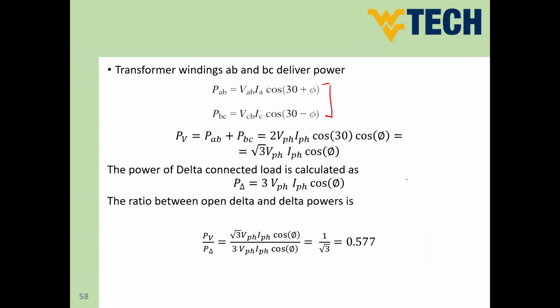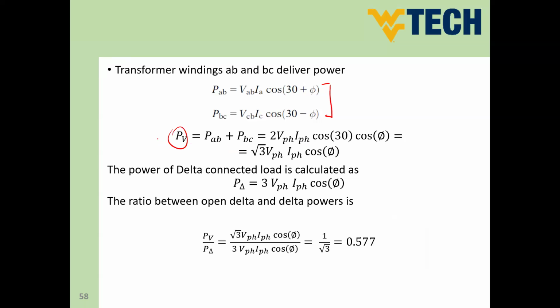If you add these two powers together and calculate the power of your two phases, this would provide root 3 V phase I phase cosine phi. So this is the power of just two phases, which is P V or open delta.